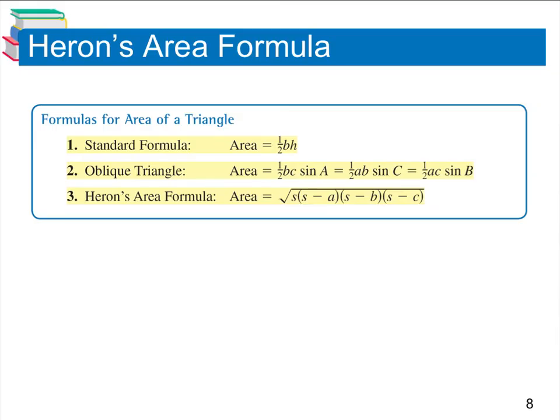The last slide is just our three area formulas that we know. If the height was given to us, going back to the last example, our triangle looked like this. If we had a height going through that was perpendicular to the base, we could just do 1/2 base times height. But since that height was not given to us, and all three sides were given, we had to use Heron's formula.